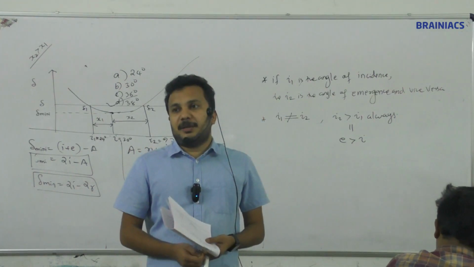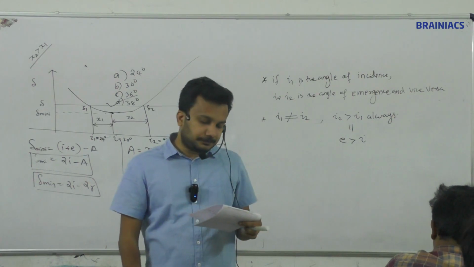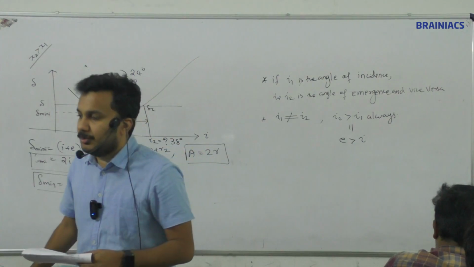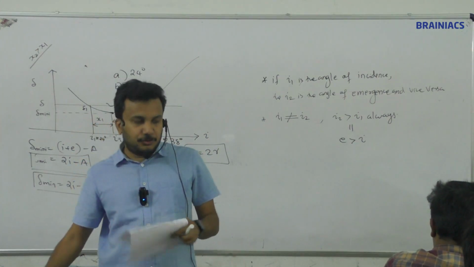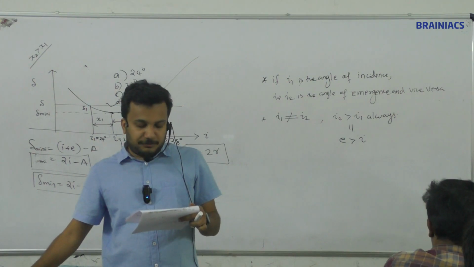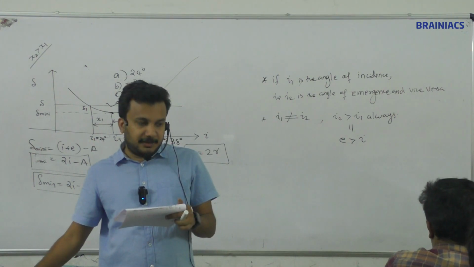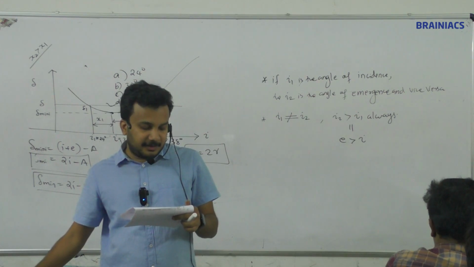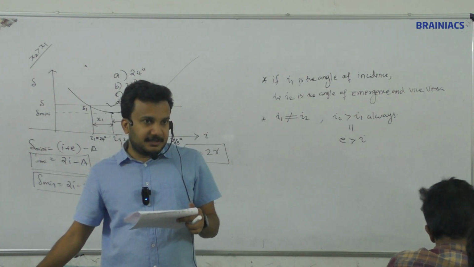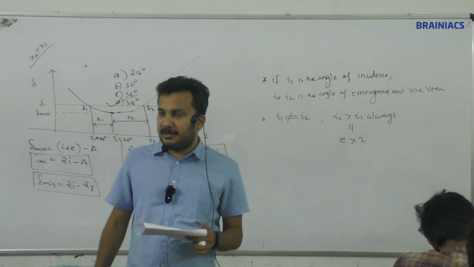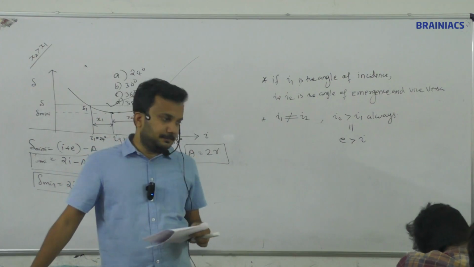Find the angle of emergence at 25 degree. Four options are there. Option A 39 degree. Option B 38 degree. Option C 37 degree. Option D 41 degree.